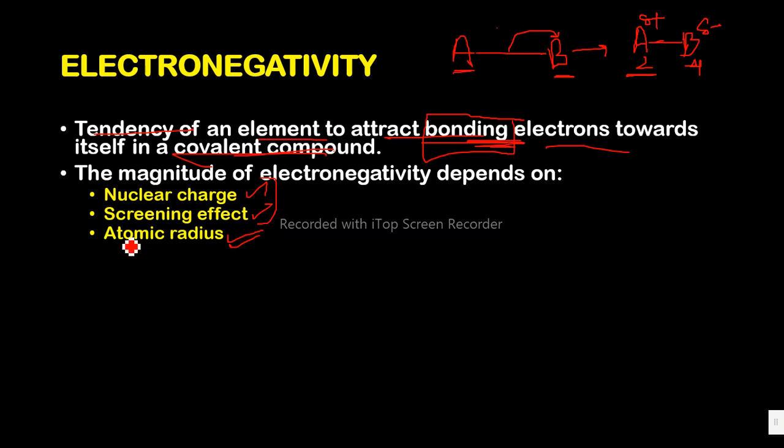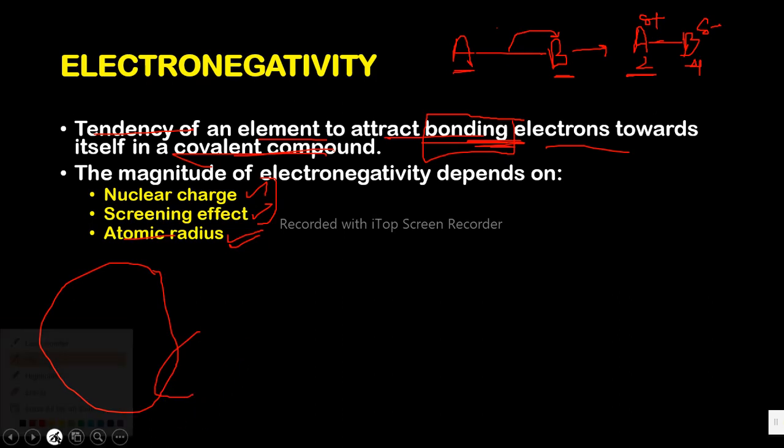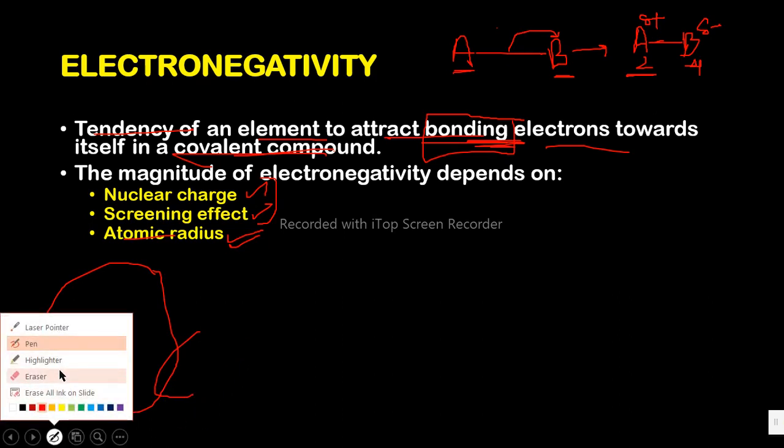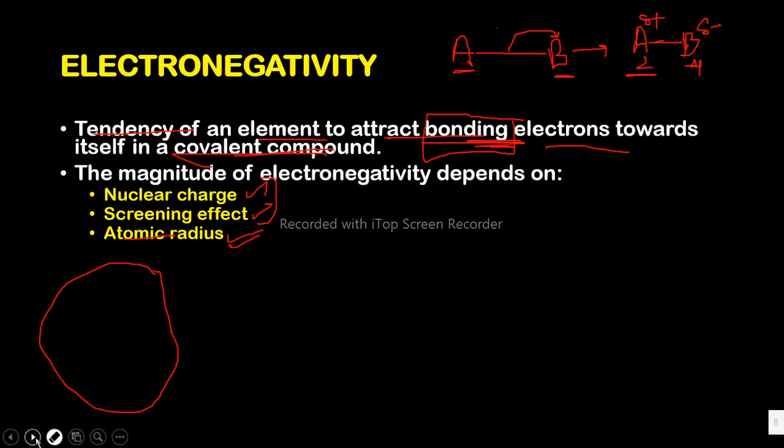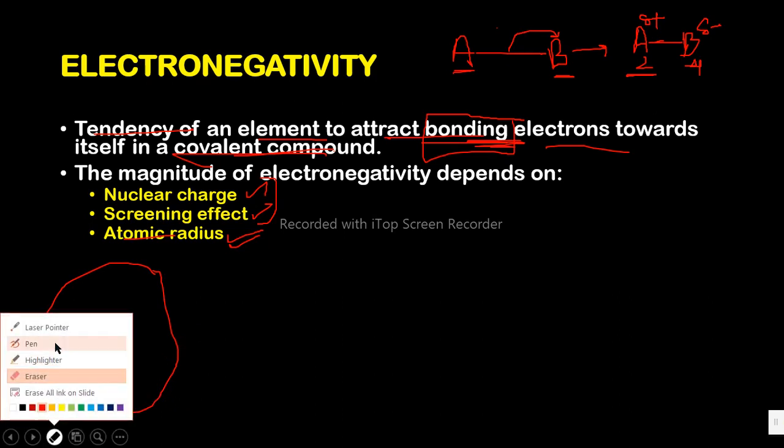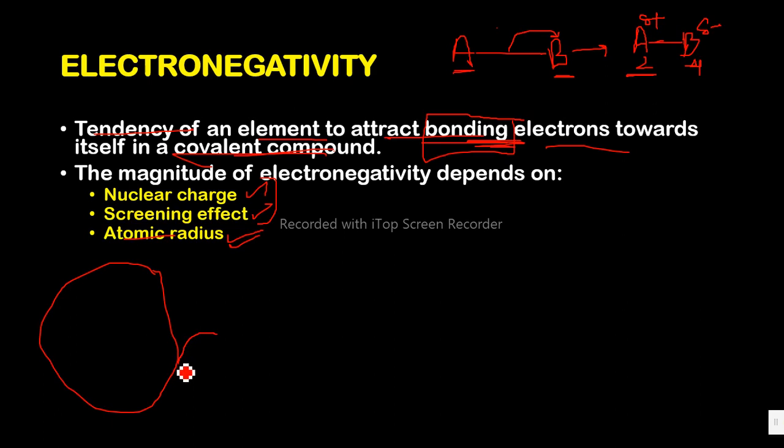And if the atomic radius increases, then the size increases. So you cannot compare these two atoms. One atom has a smaller size, another one has a large size, and these two atoms are covalently bonded together. So you have the centers here.